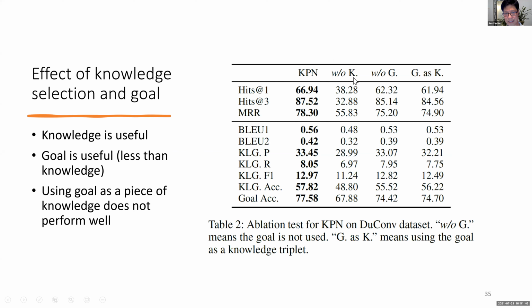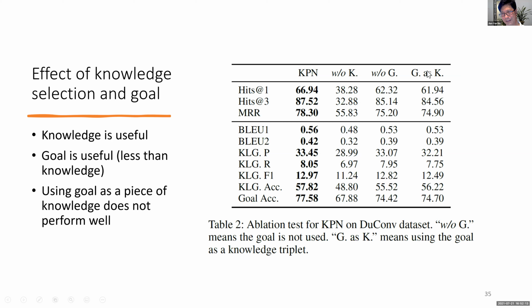So in this case, knowledge is really essential. If we don't use the goal, that is, we just remove the goal, we have a small drop, not as much as removing the knowledge. And also, if we use the goal as a piece of knowledge, we observe, in fact, that it is not as good as not using the goal at all.